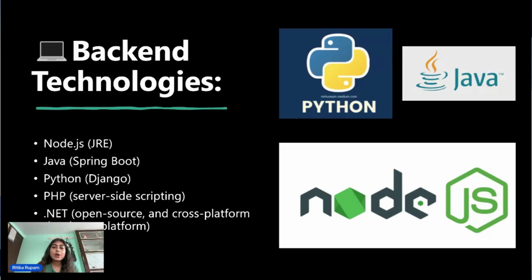Similarly, Django is a framework written in the Python language. And what is PHP? PHP is basically server-side scripting, which is also one of the most famous backend technologies used nowadays. And .NET is also a famous technology which is open source and cross-platform, so that developers can develop and publish websites and mobile applications.